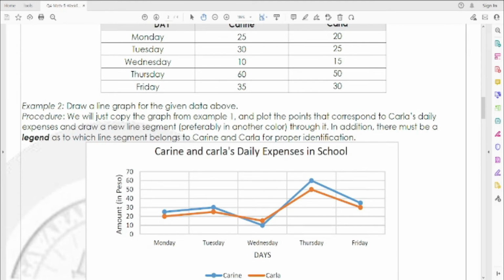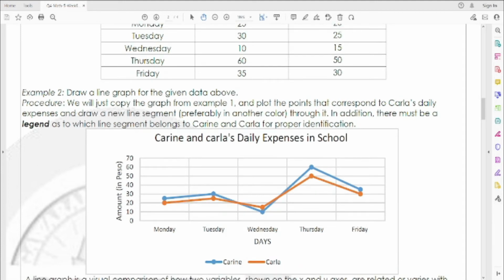So what is the procedure? We will just copy the graph from example 1 and plot the points that correspond to Carla's daily expenses, and draw a new line segment, preferably in another color. There must also be a legend showing which line segment belongs to Corina and Carla for proper identification.